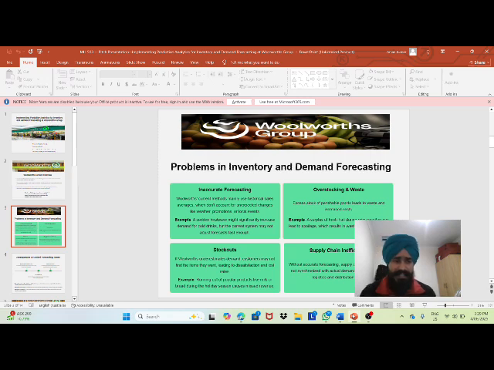For example, a sudden heat wave might significantly increase demand for cold drinks, but the current system may not adjust forecasts fast enough. There are several external things which affect a business, for example the heat wave.